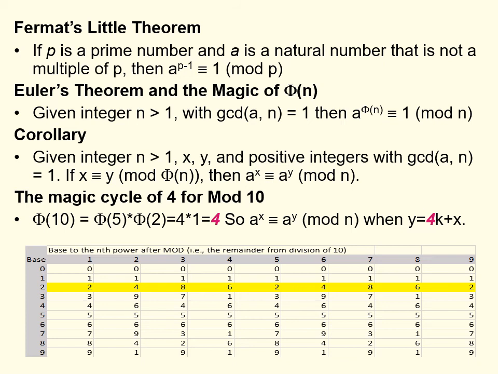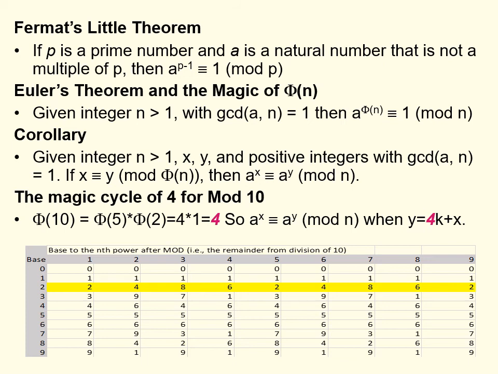At least this is one of the ways to prove that this cycle of 4 applies to all integers when you apply modular arithmetic against 10.